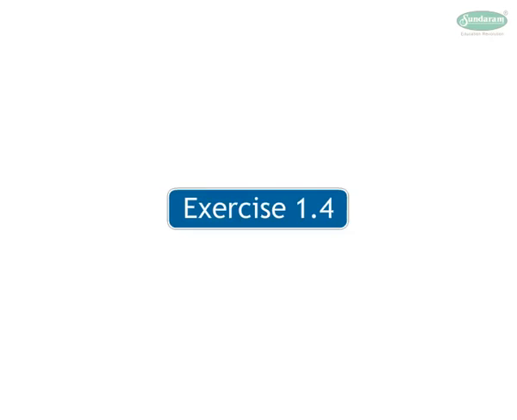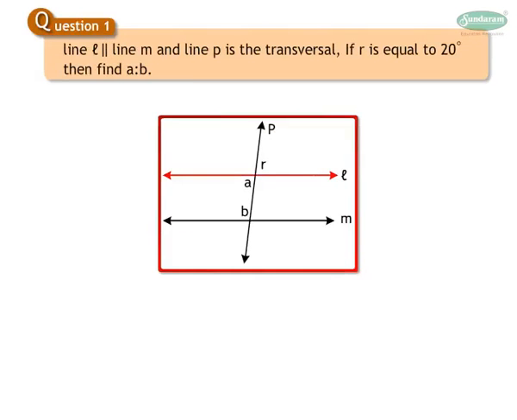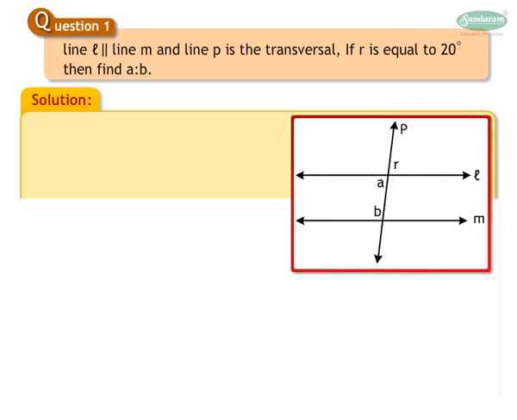Let us solve some of the questions from exercise 1.4. Question 1. In the figure, line L is parallel to line M and line P is the transversal. If R is equal to 20 degrees, then find the ratio of A and B. Solution.